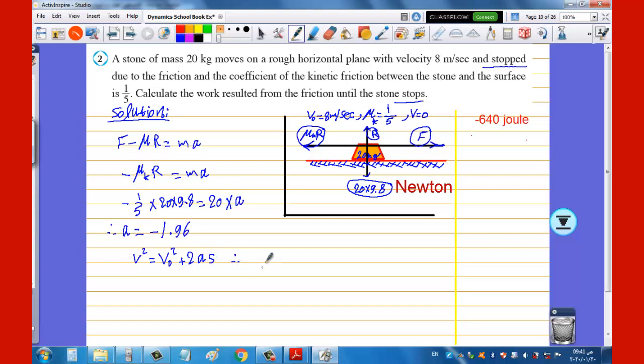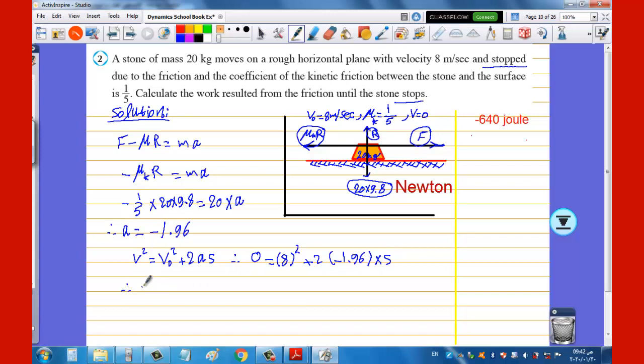It means v square, it is the terminal velocity, which equal 0, equals v naught square, from the given 8, we write 8 square plus 2 multiply negative 1.96 multiply s.